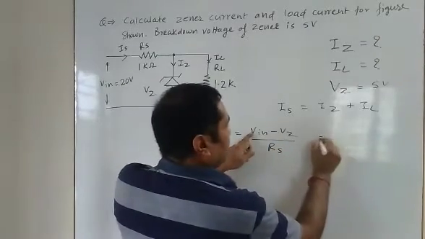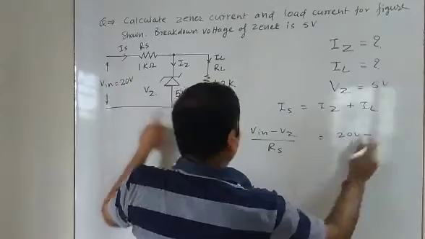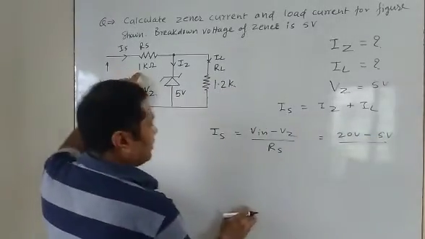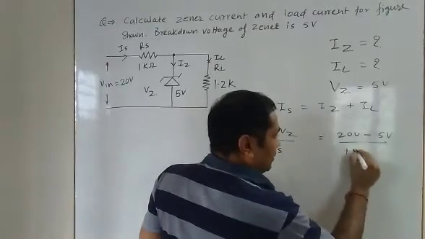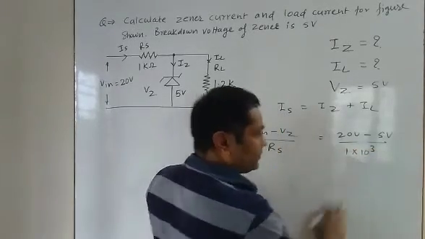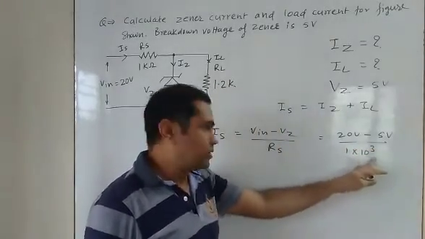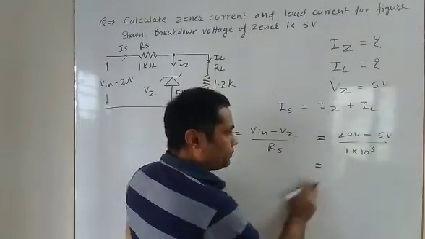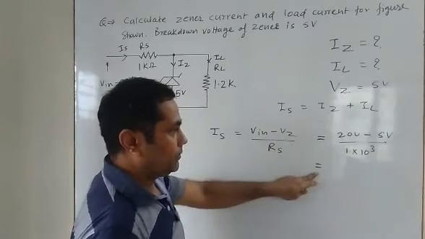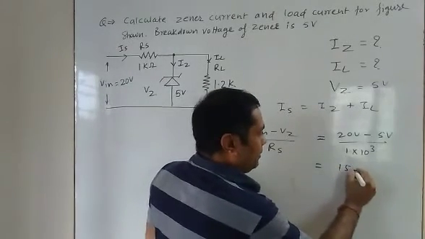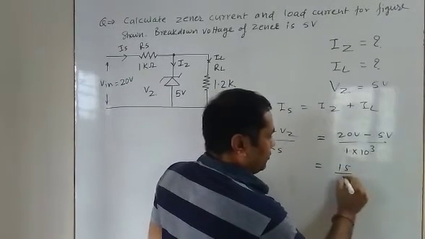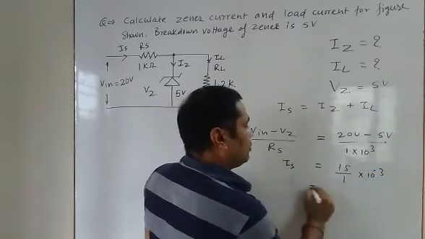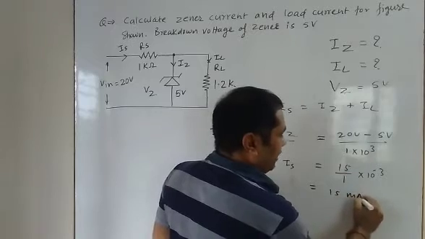Vin is 20 volt, Vz is 5 volt, and Rs is 1 kilo ohm, that is 1 into 10 to the power 3, that means 1000 ohms. So it will be 15 upon 1 into 10 to the power 3, so Is equals 15 milliampere.